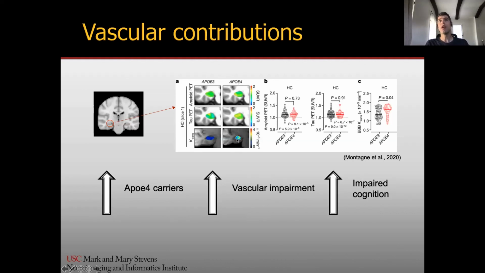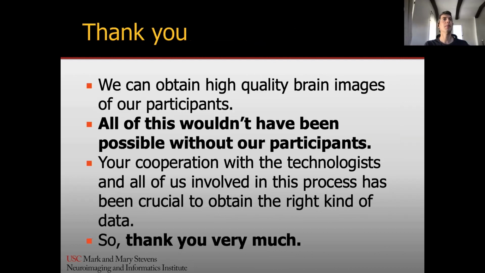And this was related to impaired cognition in these APOE4 carriers. So I really want to emphasize that we're looking at the brain from multiple sides, right? We're taking all of these different data sets and combining them to try to understand what is happening in the brain. And I think I'm a little bit over time.